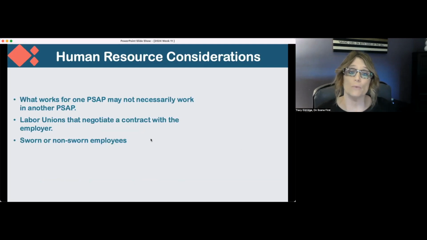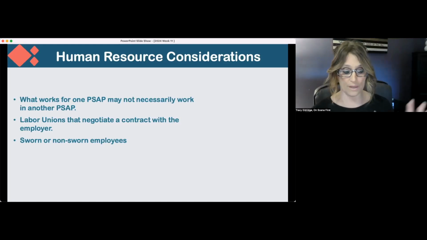Some other human resource considerations when it comes to scheduling and staffing: what works for one PSAP may not work for all PSAPs. There are times that labor unions may need to be in negotiation. One agency I'm working with has been having struggles with their scheduling for quite some time.